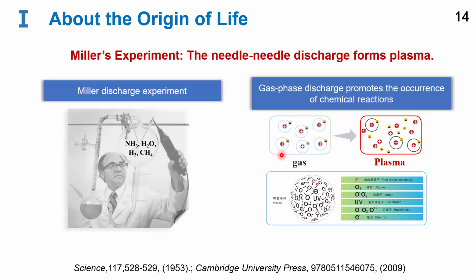So discharge can generate high energy electrons and highly reactive free radical species that act on the chemical bonds between the molecules and generate new molecules. Thus, plasma discharge scenarios are of great significance for promoting the origin and evolution of life molecules.